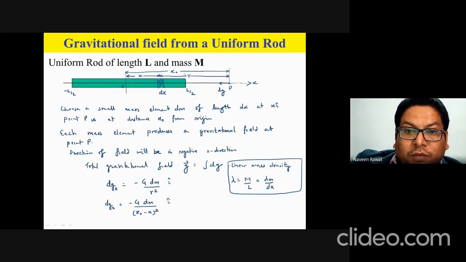You see, now we are getting rid of this element r, because r doesn't have any significant meaning. What is meaningful for us is this value of x and x0, because that is defined from the origin.